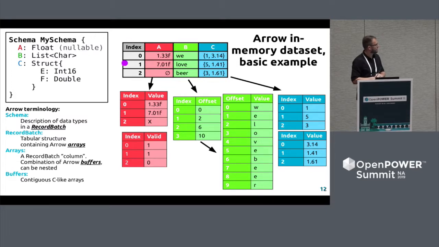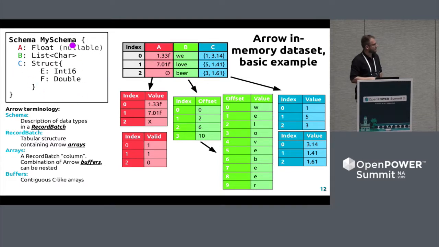And then this data set, once it's there in memory according to the schema, is called a record batch, right? So the record batch physically has a bunch of arrays, and arrays are, again, a combination of Arrow buffers that hold all sorts of data, and the combination of the buffers is going to cause the record batch to contain the types that you define through the schema.